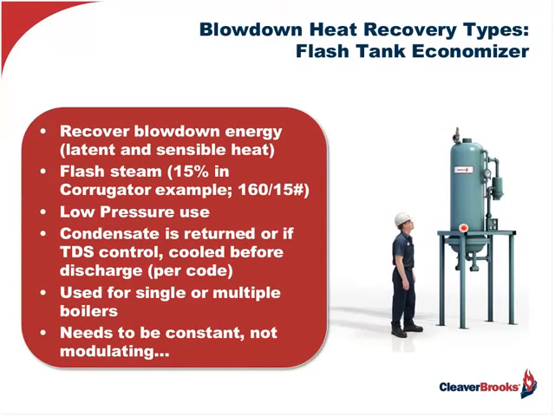Now, the thing to remember about capturing flash steam is that it cannot be coming from a modulating load. It's got to be constant. And that's why I like to use the example of a corrugator, in that once that boiler is firing and that corrugator is running at so many feet per minute, it's pretty constant. And that condensate can be flashed off.